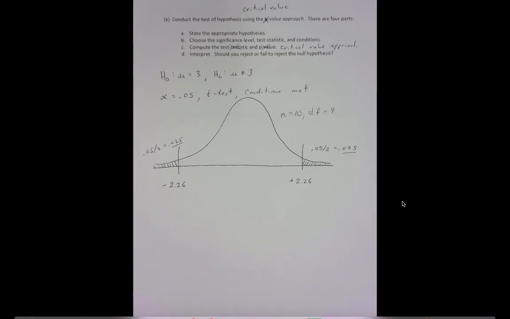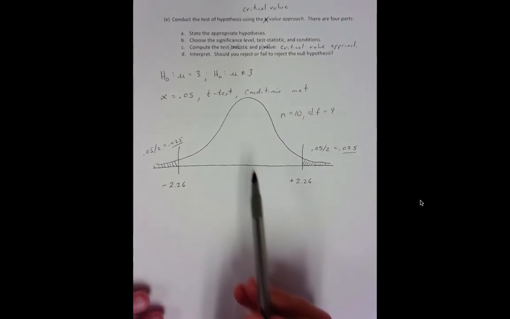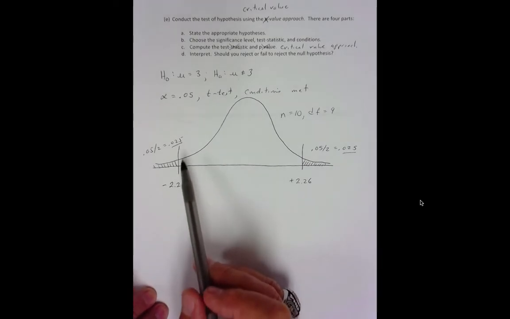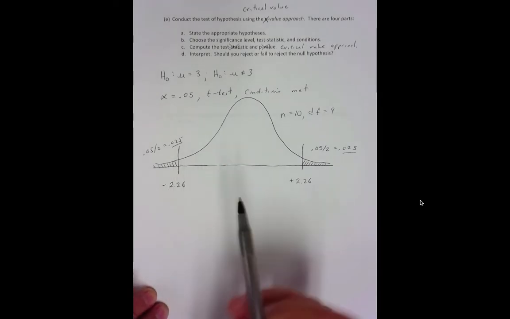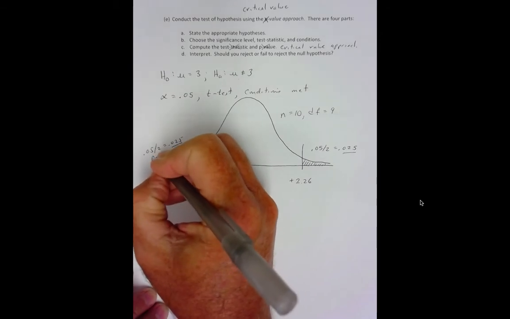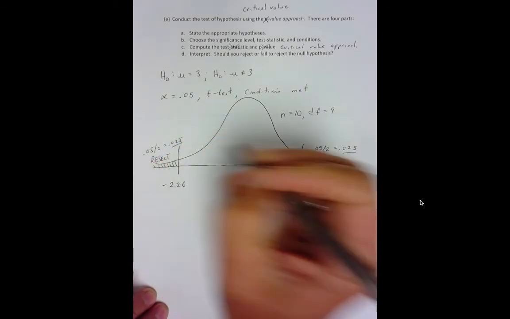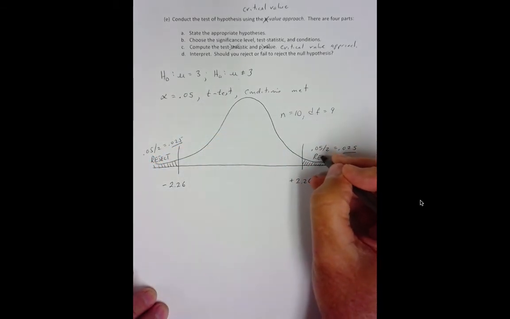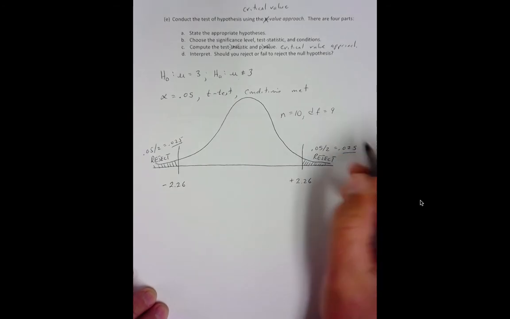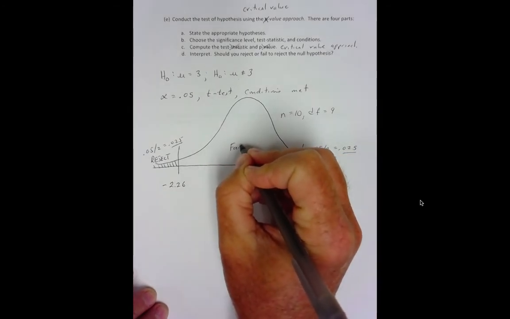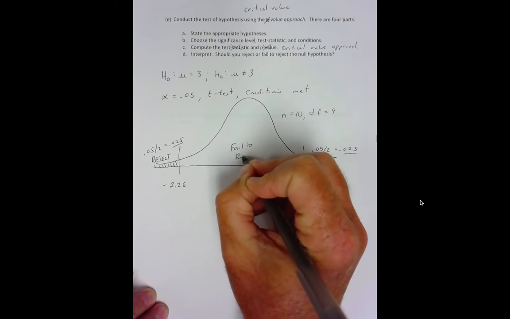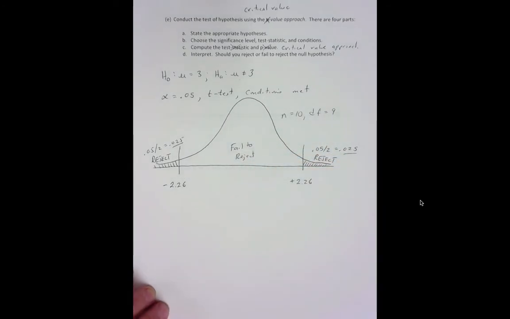So what I've done is I've identified the bounds, the line in the sand that separates the reject regions and the fail to reject region.